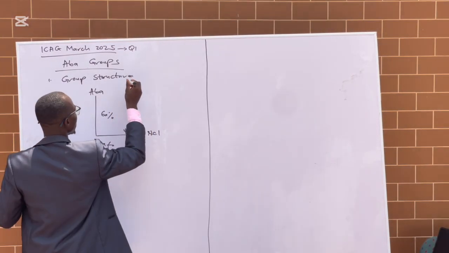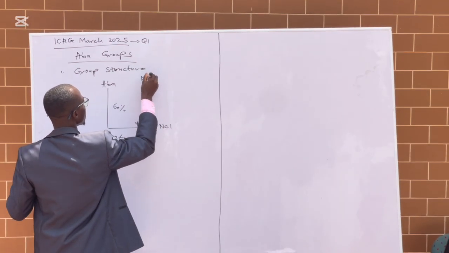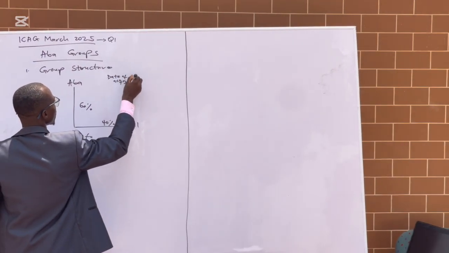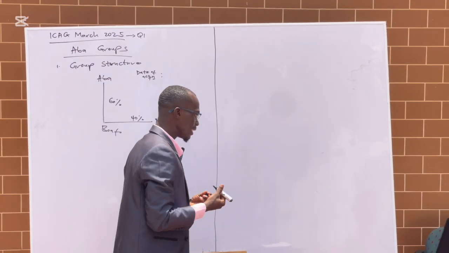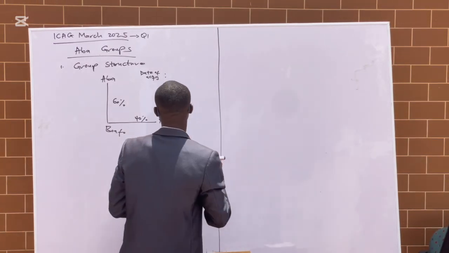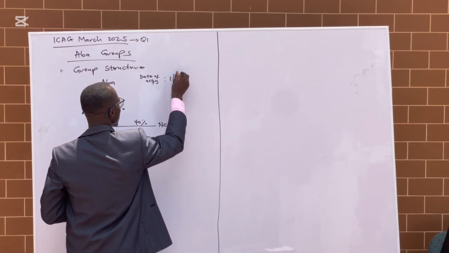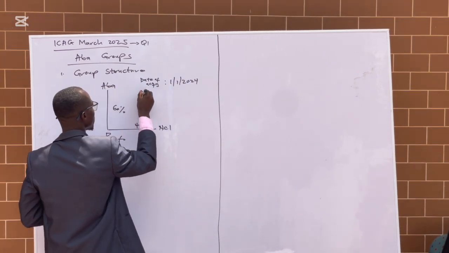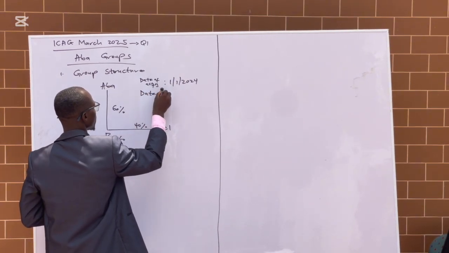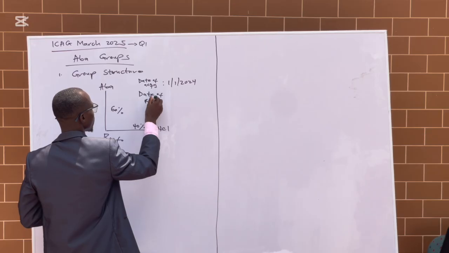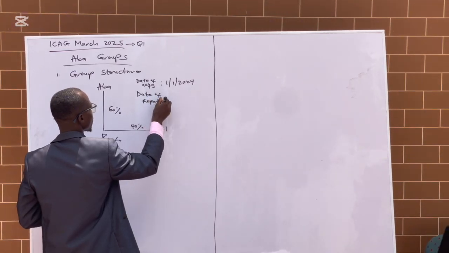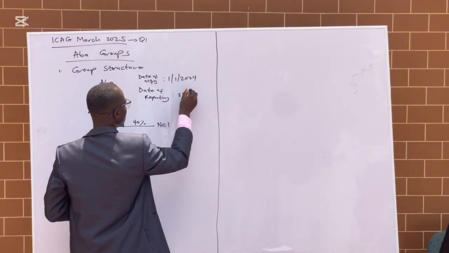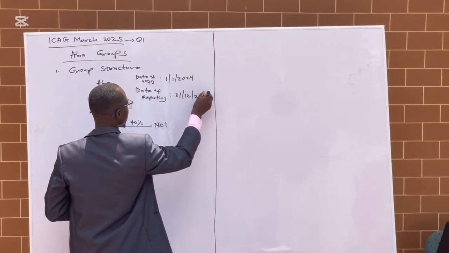Then we bring our date of acquisition. So the date of acquisition, they said 1st January 2024. Then the date of reporting, that one too, they say 31st December 2024.